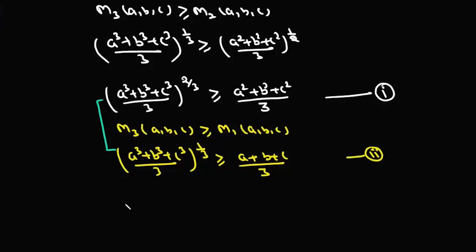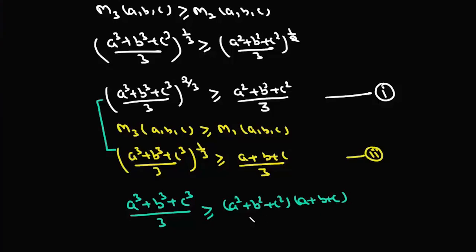So we multiply it, we get (a cube plus b cube plus c cube) upon 3 and will be greater than or equal to (a square plus b square plus c square) into (a plus b plus c) whole divided by 9.